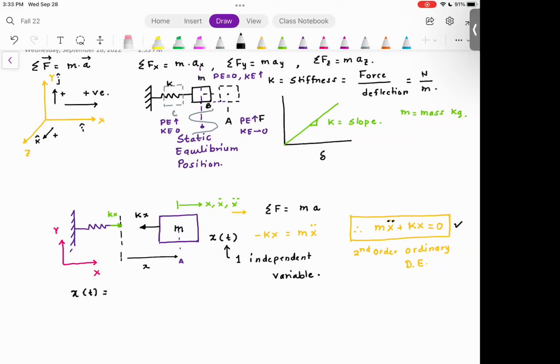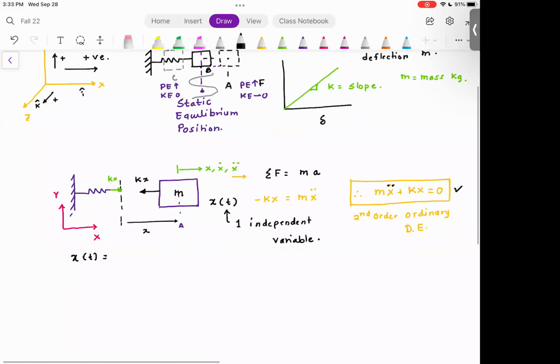So what I'm going to do is write down the expression for kinetic energy. Kinetic energy is given by T. It is constant in the case where there is no dissipation. Yes, right now there is no dissipation. So kinetic energy is given as 1/2 m v squared, so 1/2 m x dot squared. Do you agree with me?